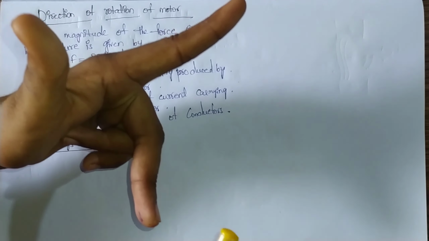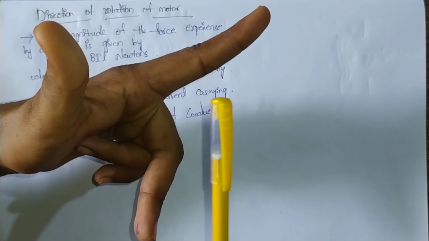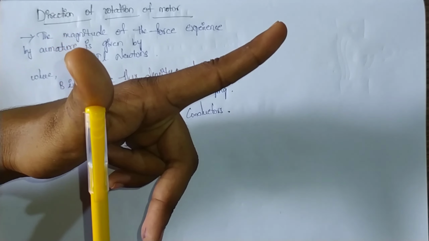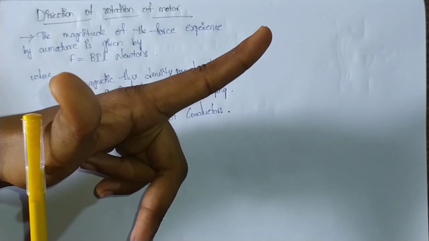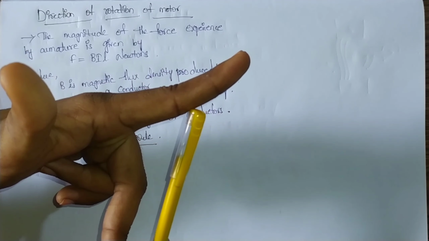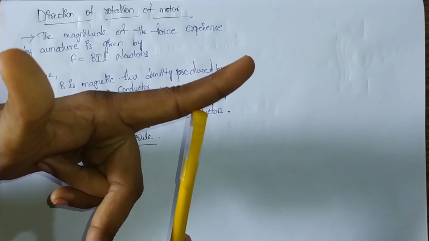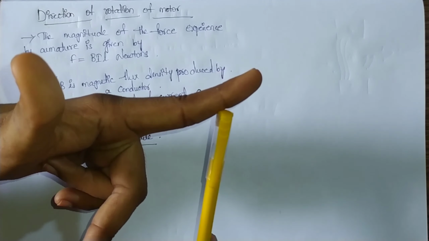The thumb indicates the motion of the conductor, the forefinger represents the magnetic field direction, and the middle finger gives the direction of current.